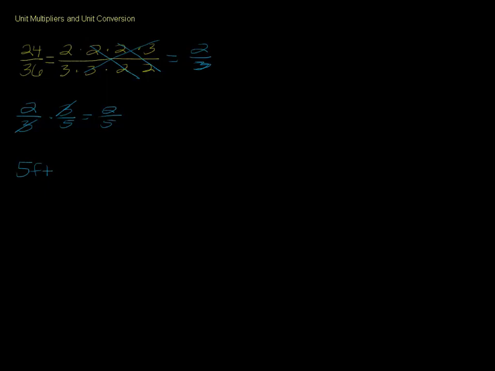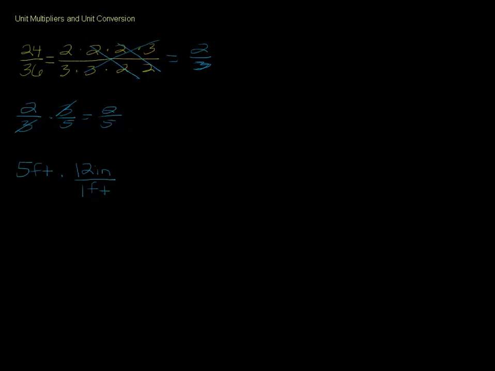Now, we're going to learn that whatever we're going to goes on top. So there's 12 inches in 1 foot. So whatever we're going to goes on top, so 12 goes on top.